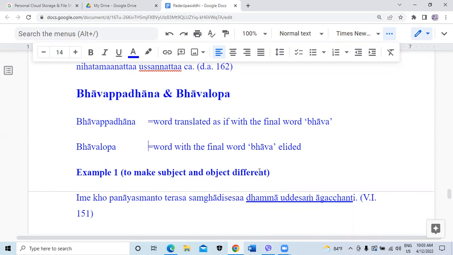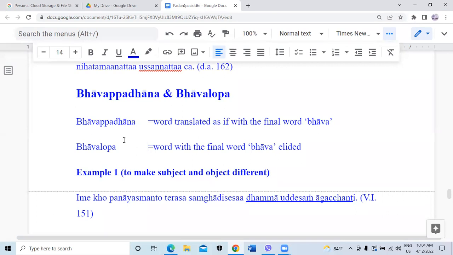Bhava Pradana, Bhava Lopa. Bhava Pradana is a word translated with the final word Bhava. Pradana, if we translate literally, is the word that has power as the main.